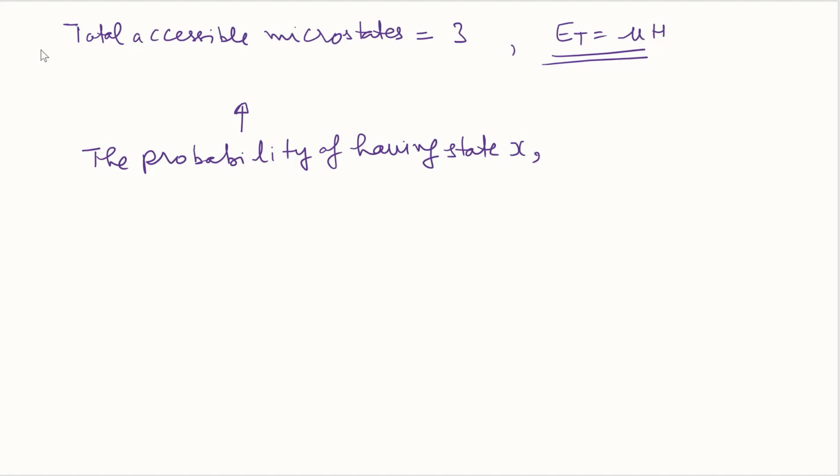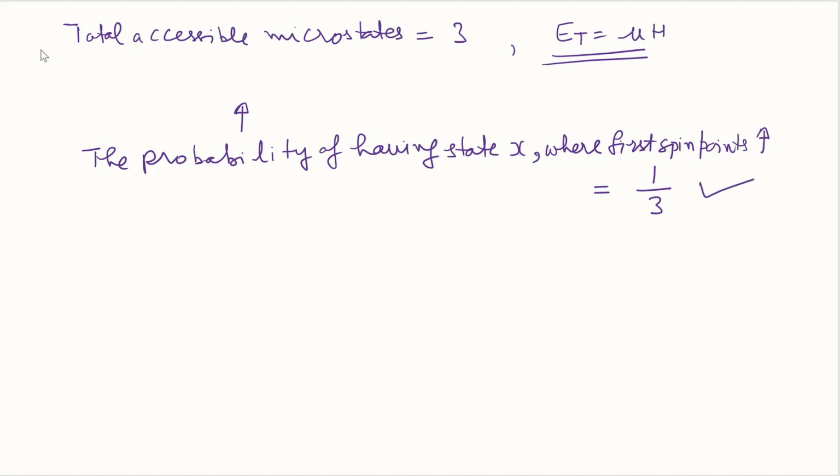Therefore the corresponding probability of having state x, where the first spin points upward, is equal to, there is only one arrangement of the spin out of 3, so the probability is 1 by 3. So that is our first answer.